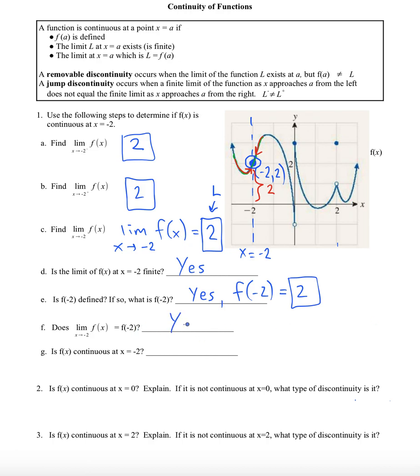So this would be a yes, and this would be a yes. The limit as x approaches -2 of the function equals the value of the function at -2.